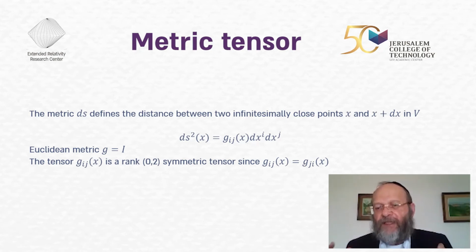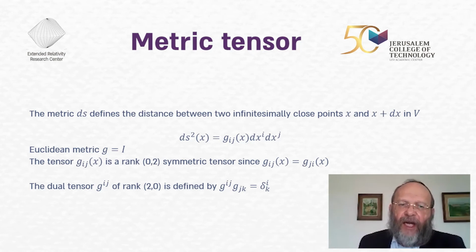The physical meaning is only in the sum, so you can take them both equal, and it will give you the same ds. If they give the same ds, don't put in extra non-physical assumptions. So we always assume that this tensor is symmetric, meaning g_ij equals g_ji. That means the number of independent components becomes smaller.